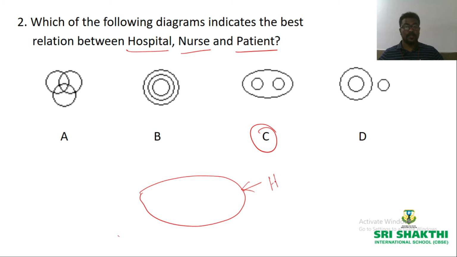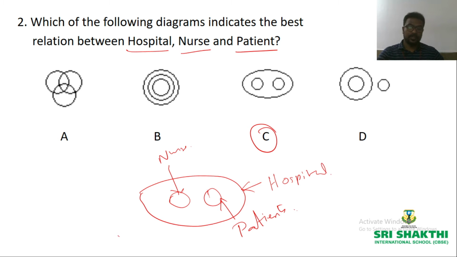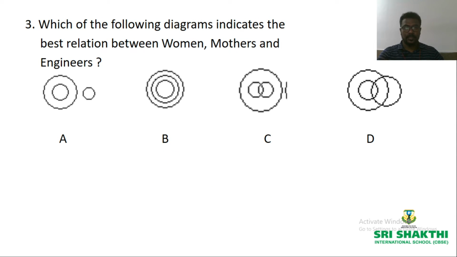Nurse is completely different from patient, but we can find both of them within the hospital. So one inner circle represents nurse, and the other inner circle represents patients. So I hope you got clarity between these three terms. Let's move to the next question.